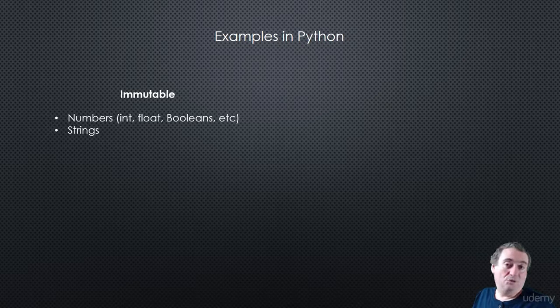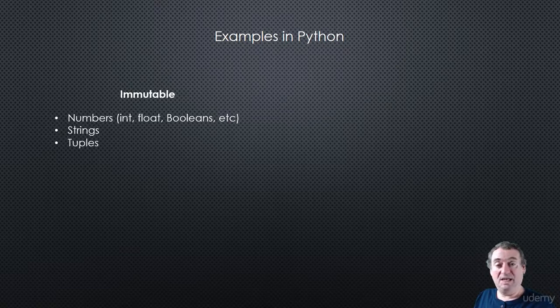Strings are also immutable. Once you create a string, you can never modify that string. You can assign a new string to your variable, but you cannot change the internal state of that string. Tuples are also immutable, and we'll look at that in a few seconds. Tuples, if you remember, are created with round brackets. They're essentially a container type of object that contains elements.